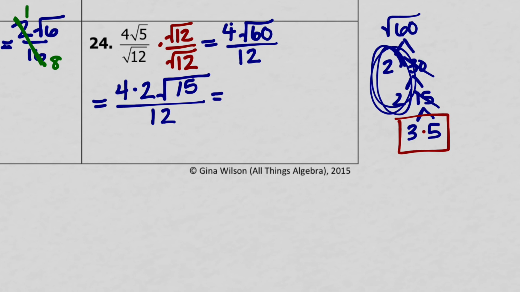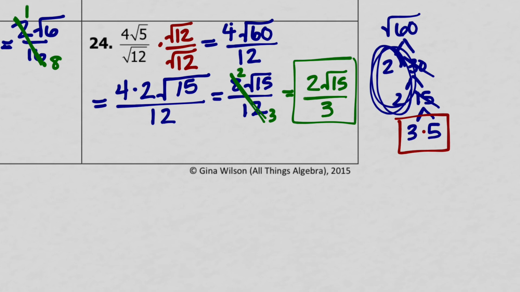Okay, let's simplify. 4 times 2 is 8, square root of 15 over 12. And I can simplify that 8 and 12. So you find a number that goes into both of them. Well, 4 goes into both of those. So 8 divided by 4 is 2. 12 divided by 4 is 3. So this became 2 square root of 15 over 3.